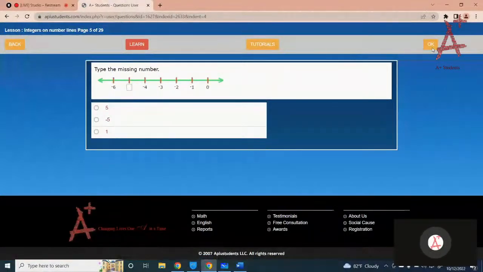Okay, type the missing number. Which number is in between -4 and -6? Yes, -5.